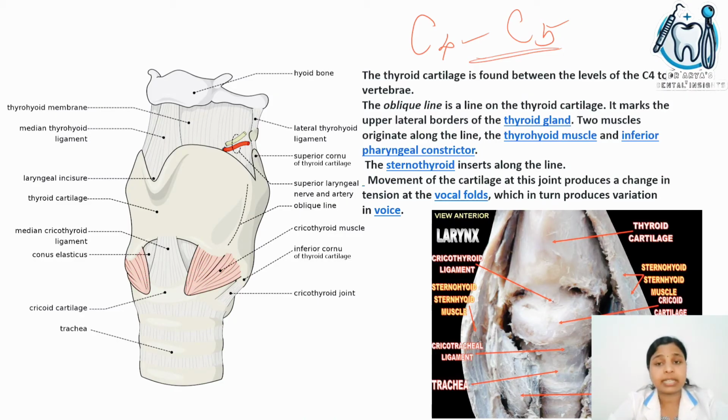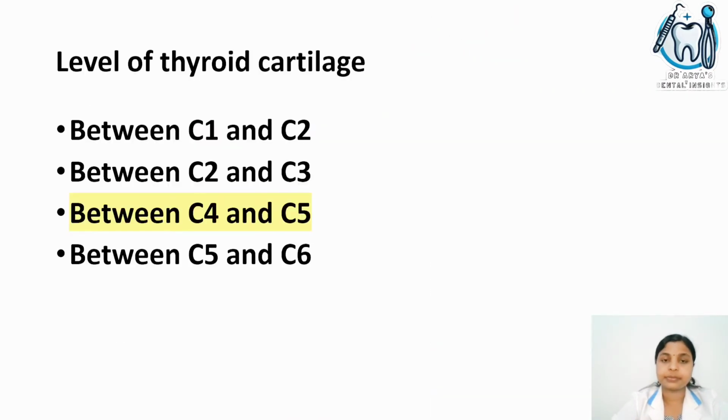Movement of the cartilage at this joint produces a change in tension at the vocal fold, which in turn produces the variation in voice. So this is the larynx, this is the thyroid cartilage, the cricotracheal ligament, this is the trachea, this is the cricoid cartilage. So what is the answer? It's between C4 and C5.